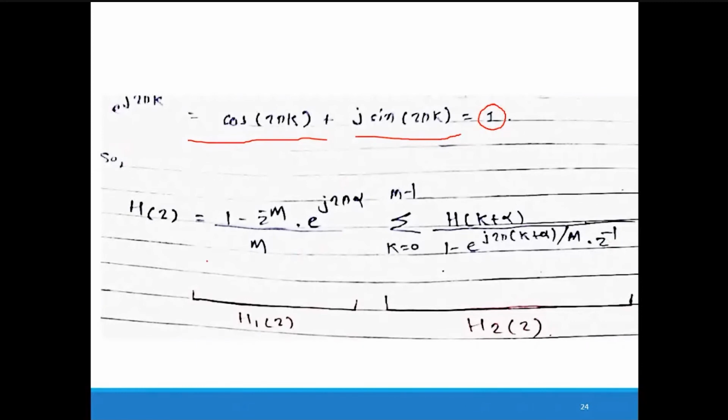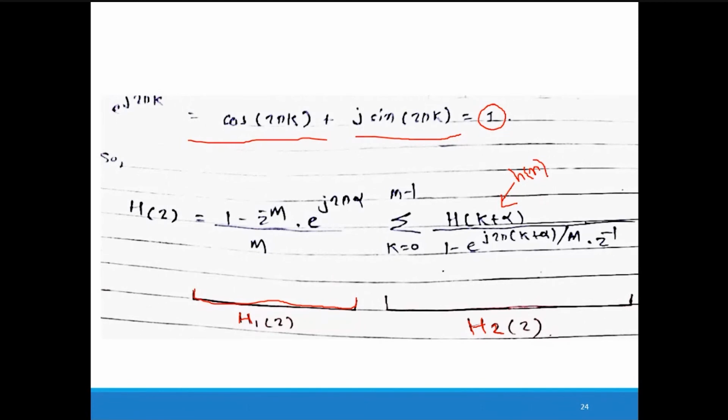So this particular part is nothing but the first section, that is H1(z), and this will be the second section, that is H2(z). And when we implement that, it will give you the frequency sampling structure. Because here instead of taking h of n, we are taking h of k plus alpha, meaning the samples of that particular impulse response or frequency response that we are considering.